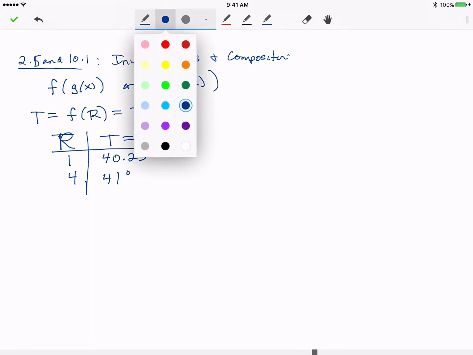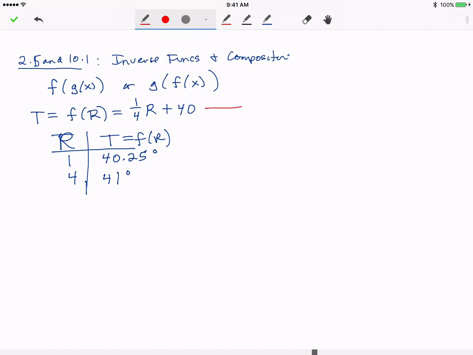Okay. If you take this formula and you solve it for the variable r instead, you'll get t minus 40 is equal to 1/4 r. Multiply both sides by 4 to get 4 times (t minus 40) is equal to r.